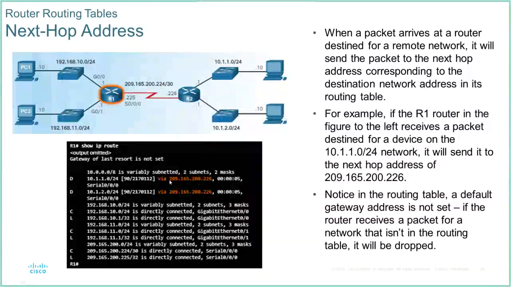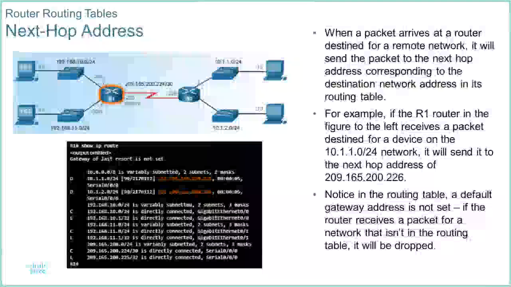So the next hop address then gets a lookup done on it along its connected networks, and you'll find a 209.165.200.224 network, which goes out of the serial 0/0/0. Okay, that's what I meant by the lookup.